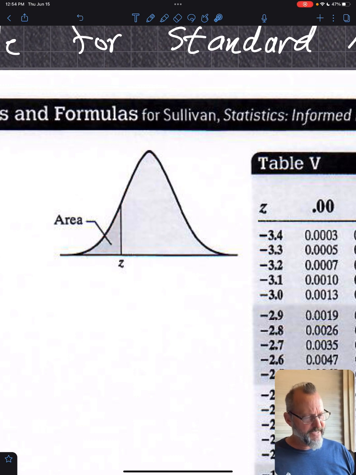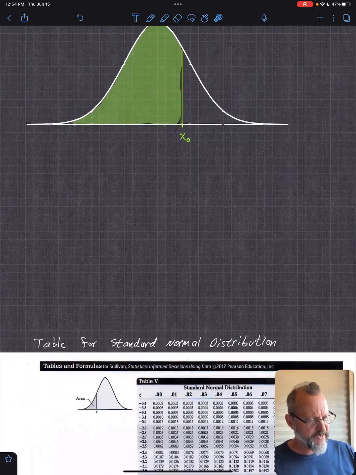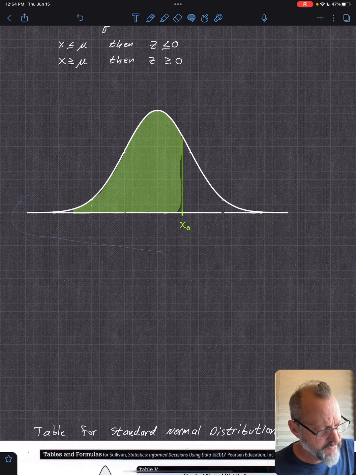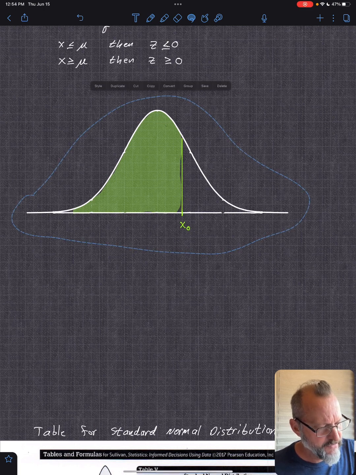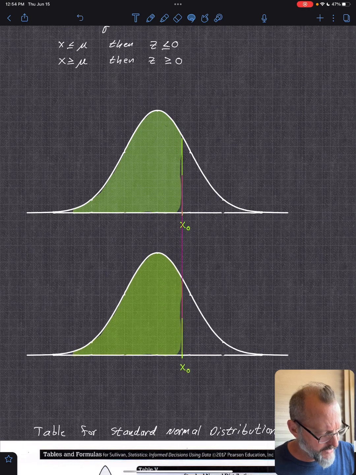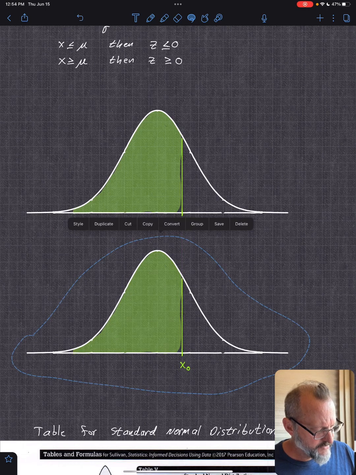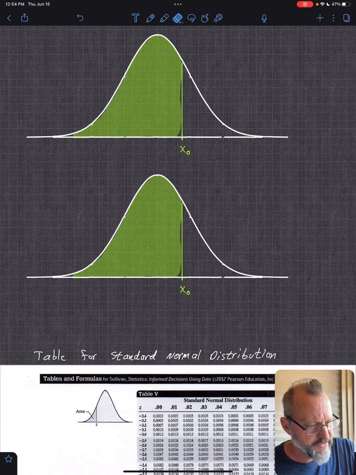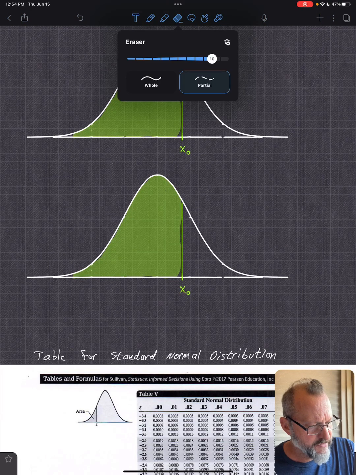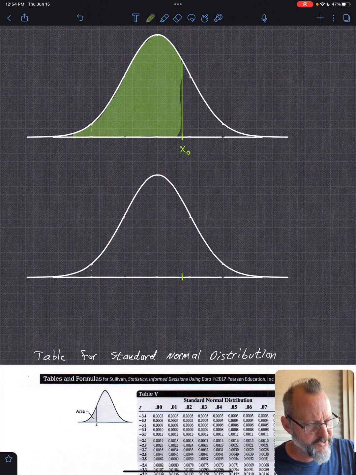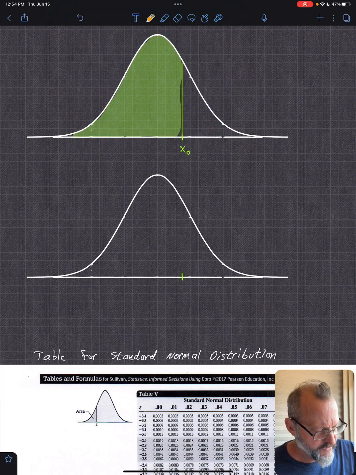Well, that means if we want to find, let's say, this area, let's duplicate. So now suppose I have this, and let me change this up just a little bit. What if I want to find the area between these values?